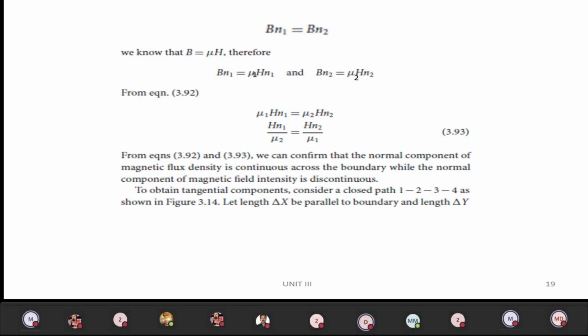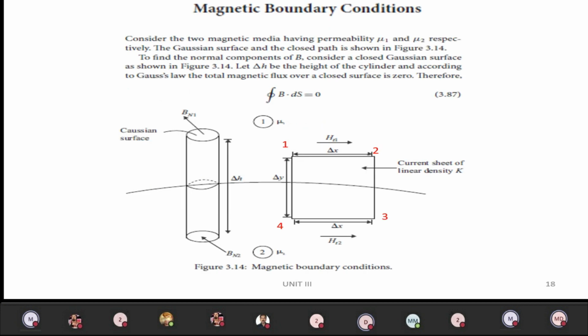You know the relation B equal to mu H, so Bn1 equal to mu1 Hn1 and Bn2 equal to mu2 Hn2. So the normal component of magnetic field intensity is discontinuous; only the normal component of magnetic flux density is continuous. That we derived from the last diagram, assuming this Gaussian surface.